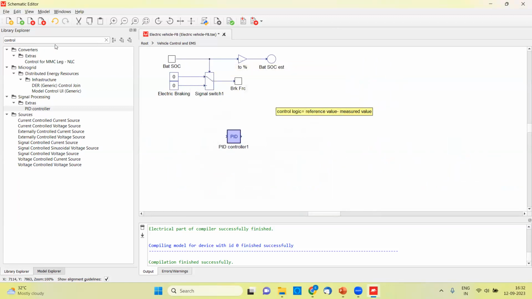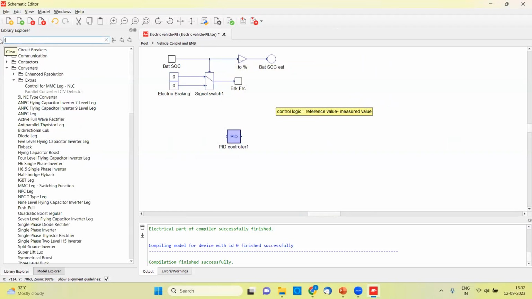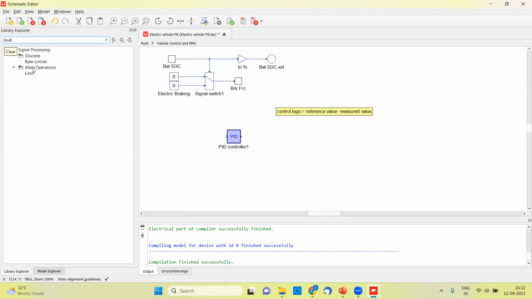Everything we have over here in our library. As you can see, the limit block is there. These are also a part of the signal processing library only. So there are two ways of making the entire controller. Either you can use this pre-packed component which we have in our library, that is the PID controller, or you can use these separate components also.